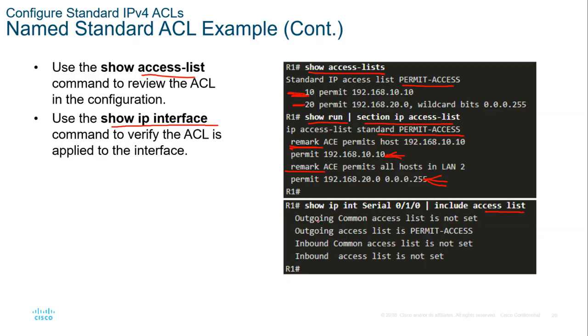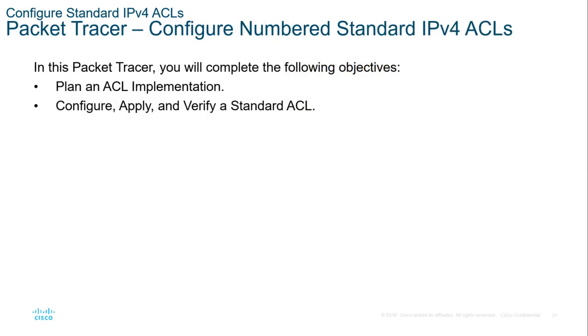So outgoing common access list is not set. Outgoing access list is permit access. Then inbound and inbound common are not set, and the inbound access list is not set.